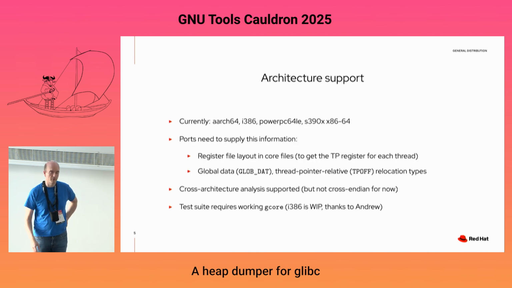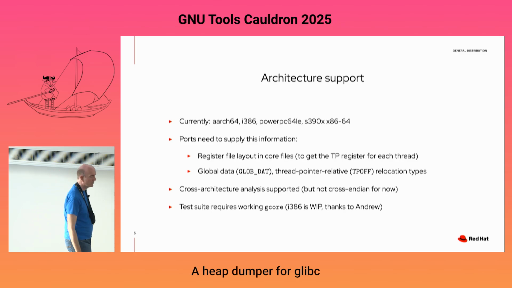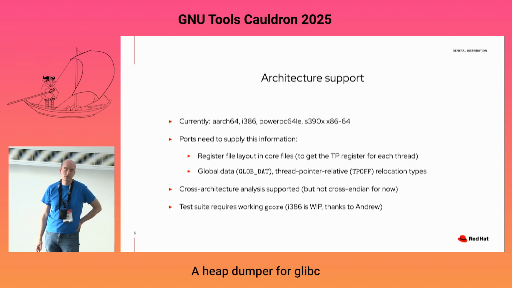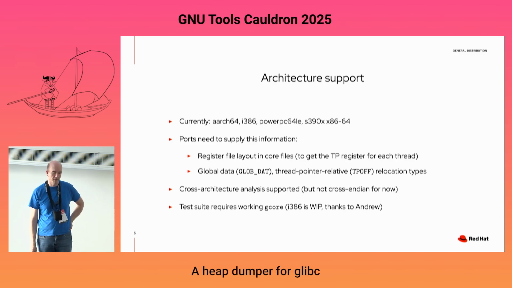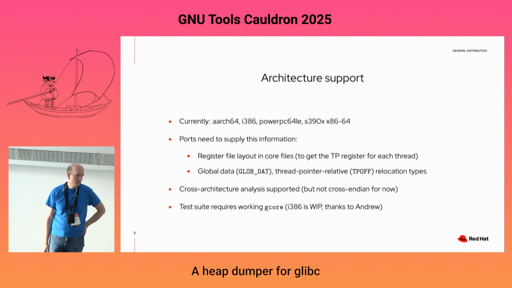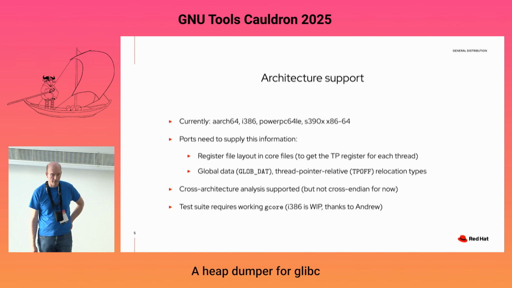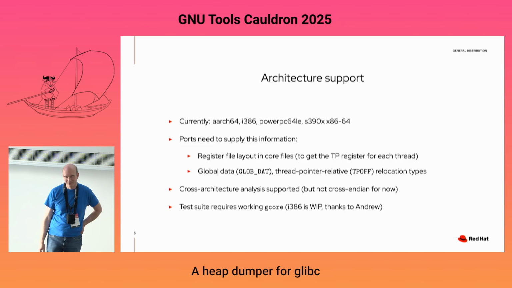We have support for most of our architectures. Porting the tool is quite easy. You just need to describe the register layout in the core file so that the tool can get the thread pointer from the core file, and we need to have knowledge of two relocation types for access to global dynamic data and for computing the thread pointer offset. The tool supports cross-architecture analysis, but it's not cross-environment for now.